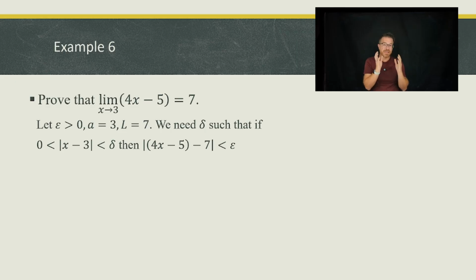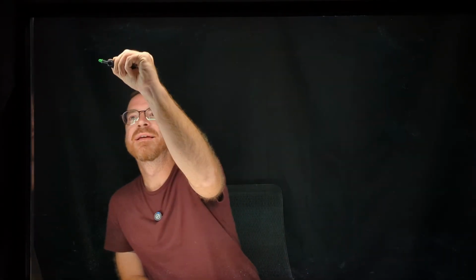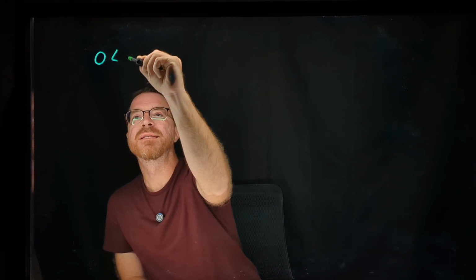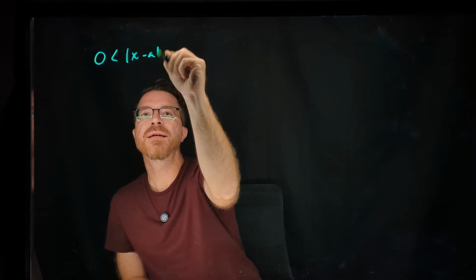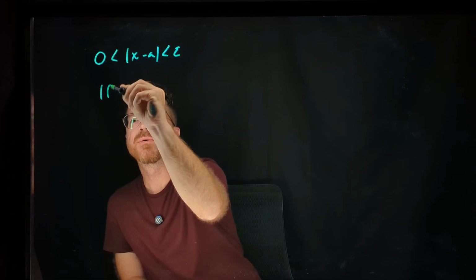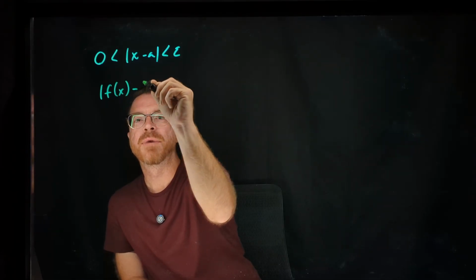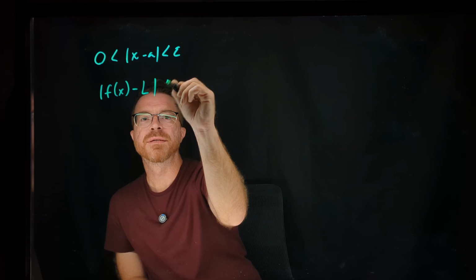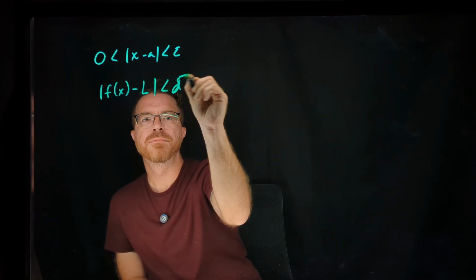Then the absolute value of f of x, 4x minus 5, minus the limit L, is less than that epsilon value. So remember, what we're saying is that we had 0 less than the absolute value of x minus a, less than delta, and we had the absolute value of f of x minus my limit L less than epsilon.